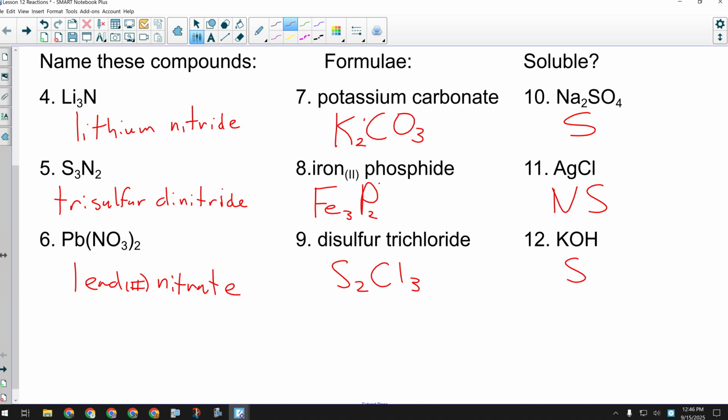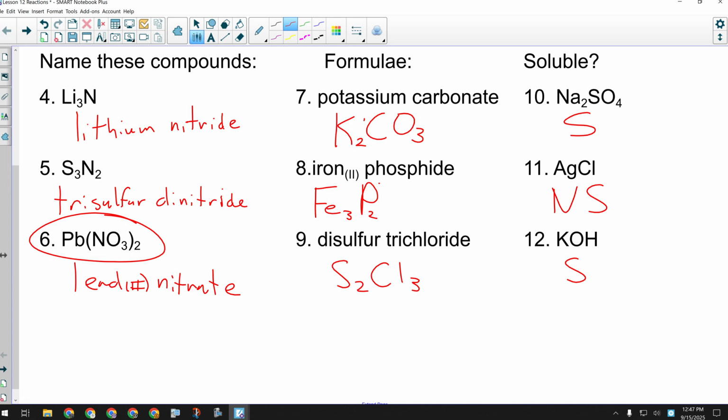Okay? Now, another thing that's going to be important for us is to be able to look at a compound like this one and determine how much of each element there is. In this compound, how many lead atoms are there? Just 1. How many oxygen atoms are there? 6.